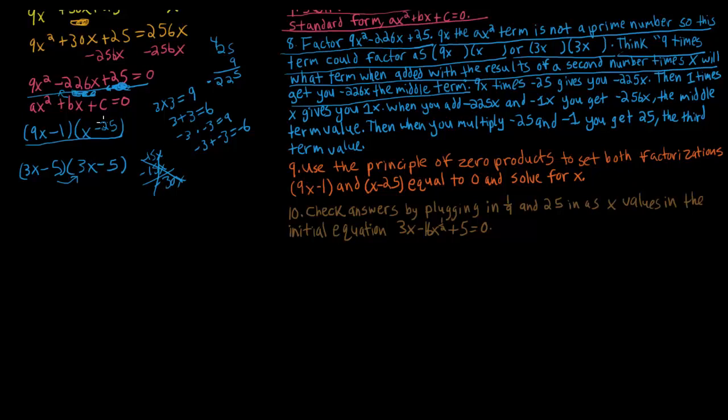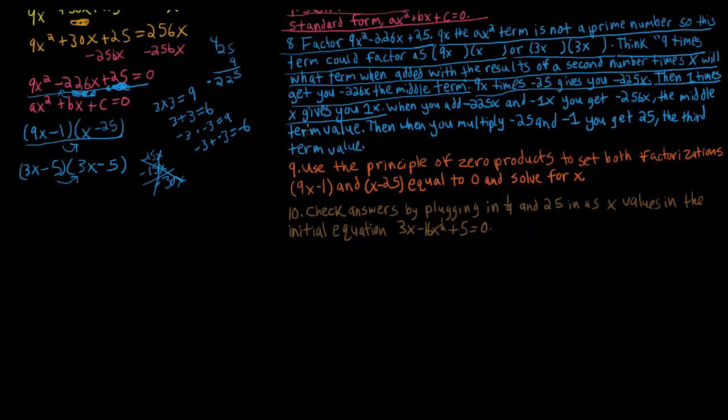So now for step 9, well actually let's finish reading step 8. So 9x times negative 25 gives you negative 225x, which is what we have here, and then 1 times x gives you 1x, which is what we had right here.